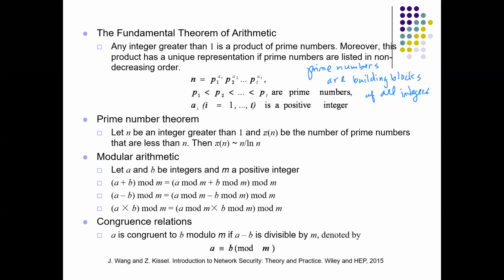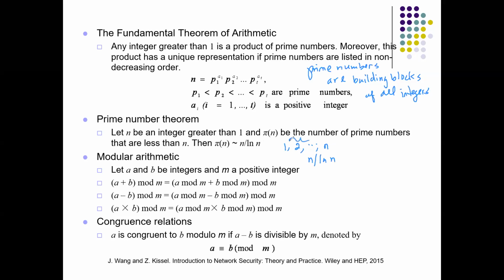So we let pi of n be the number of prime numbers that are less than n. Then we know there are about n over log n prime numbers in this range.